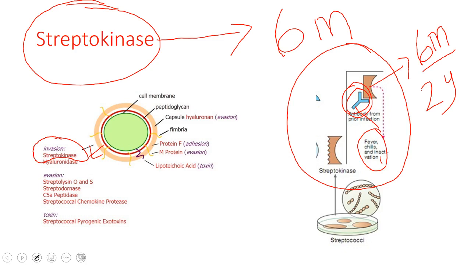If the patient has another attack of infarction or arterial thromboembolism or ischemic stroke within 6 months of prior streptokinase administration, it should not be administered. If you administer it within 6 months, the antibody will already be there and that will neutralize streptokinase. So this is one important point.